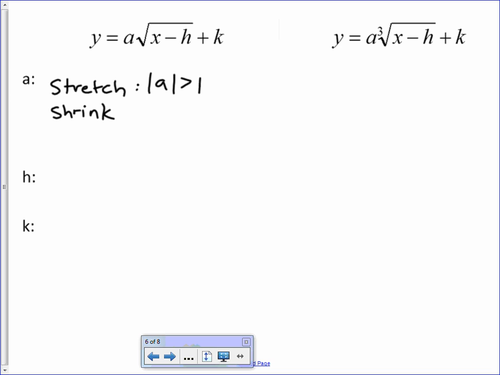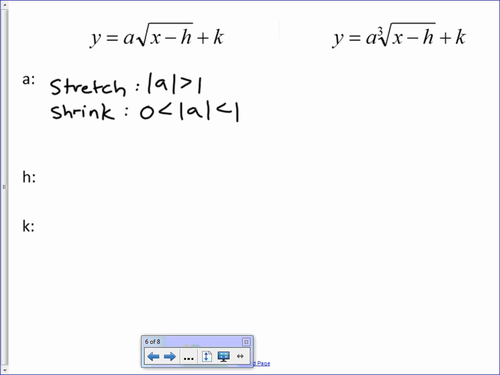If there's a number in front of the function like 2, 3, 4, 5, it gets stretched. So our graphs are going to look taller when we stretch them. And it will shrink if the absolute value is between 0 and 1.